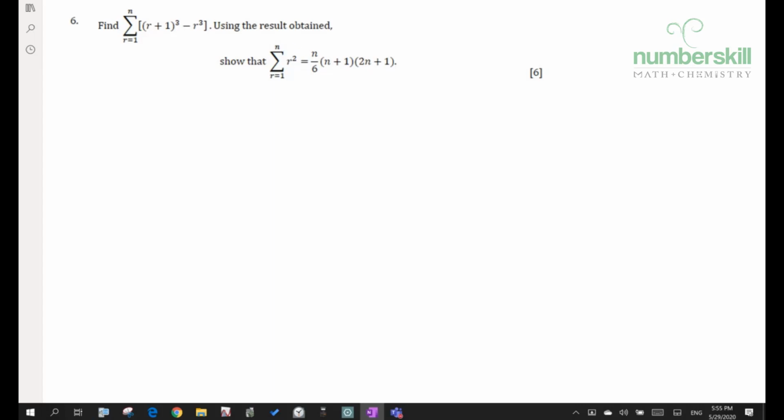But anyway, when we see a summation, a few things come to your mind straight away. Number 1, method of difference. Number 2, AP, GP. Number 3, some special funky formula. In this case, we're not dealing with those special funky formula questions because there's no hence part. In fact, we are trying to find one of those funky formulas.